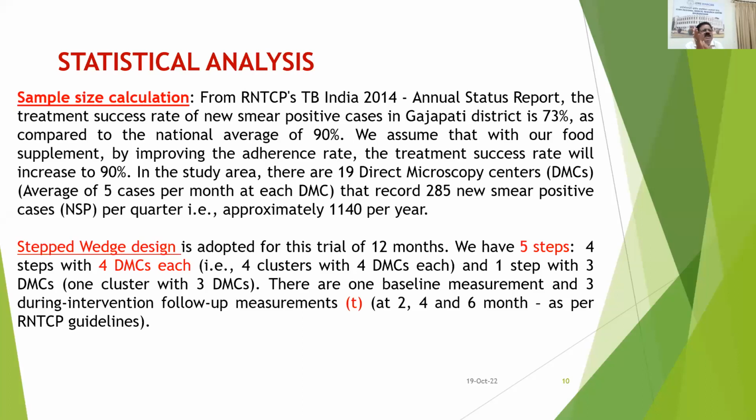We assume that our food supplement, by improving the adherence rate, will increase the treatment success rate from 73 to 90%. In this study, there are 19 direct microscopy centers and an average of 5 cases per month at each DMC, which records 285 new smear positive cases per quarter. Thus, approximately we will be having 1140 per year. Out of this 1140, how many do we need?